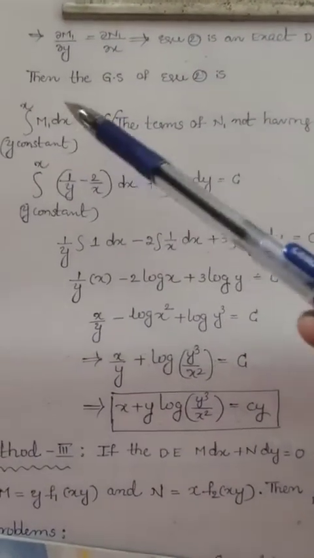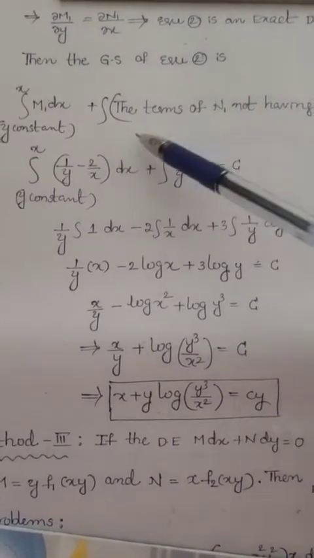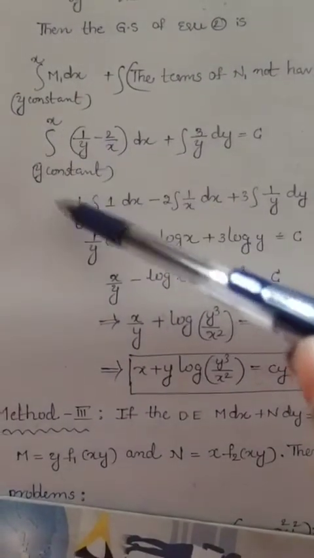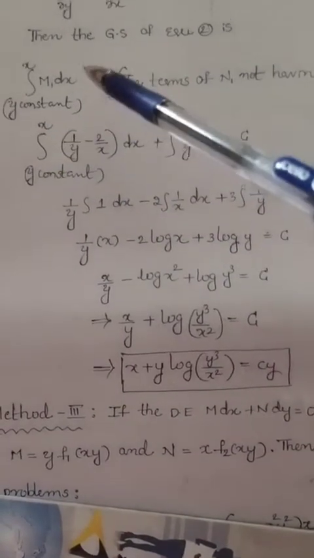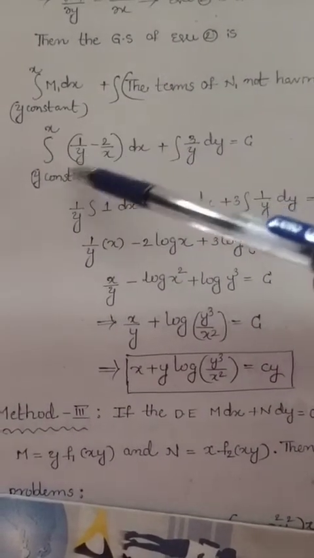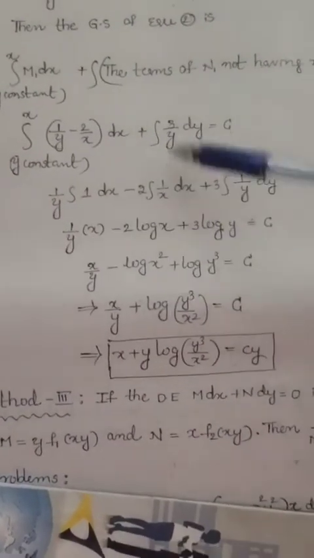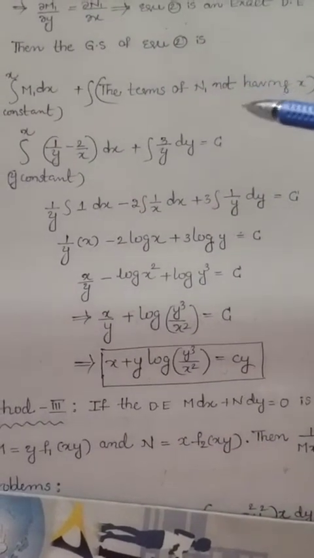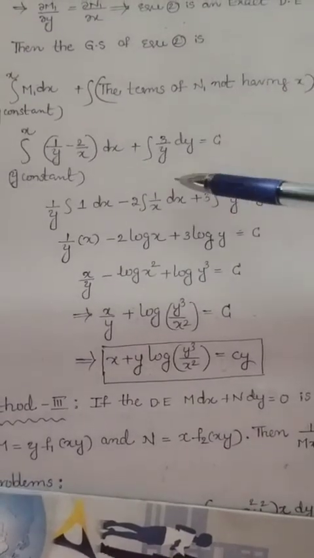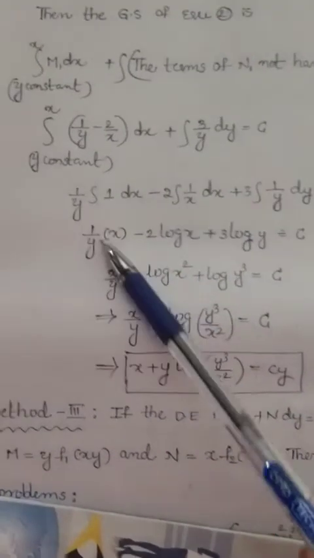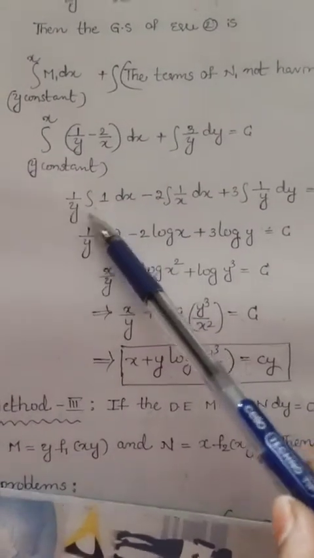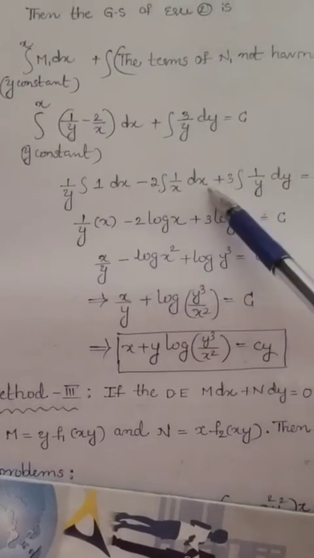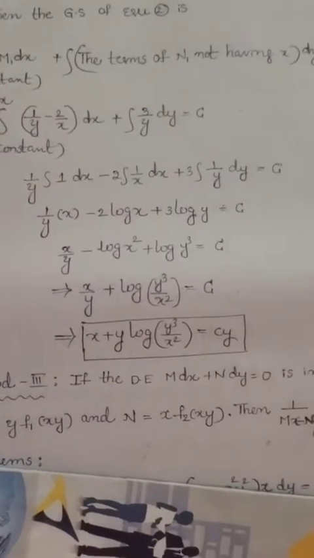The general solution is the integral of M1 dx, treating y as constant, plus the integral of the terms of N1 not having x, dy, equal to c.